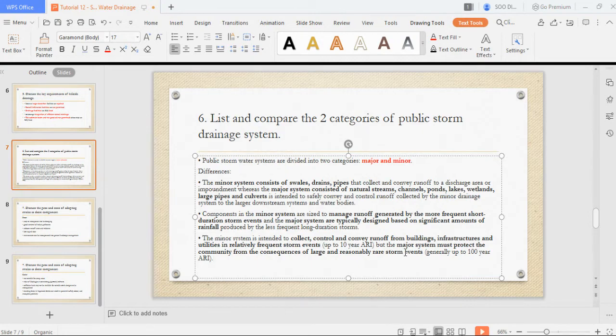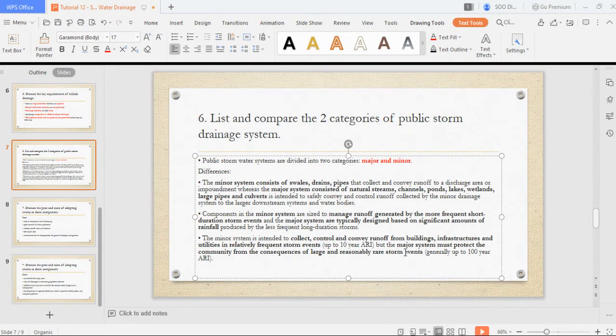What it means by a cycle is that every 10 years, or maybe every 50 years to 100 years, there will be a one-off event where rain will pour down very heavily. So this major system will be there to protect our community against this large, rare, high quantity storm.